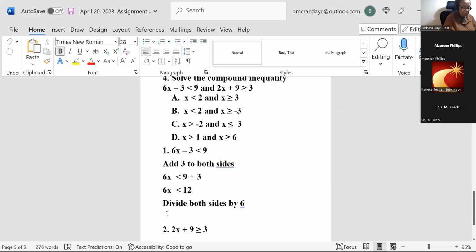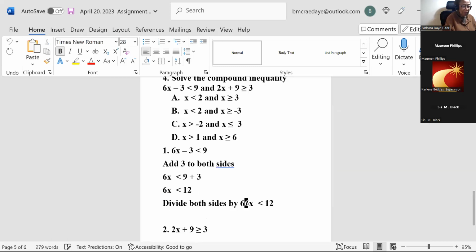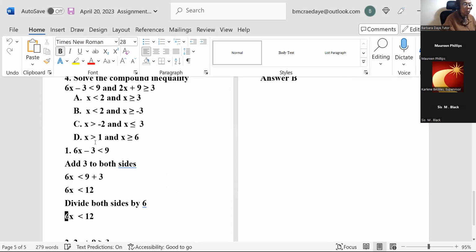And that would give you x less than 2, because 12 divided by 6 is 2. Okay, so that would be the answer for the first expression, right?